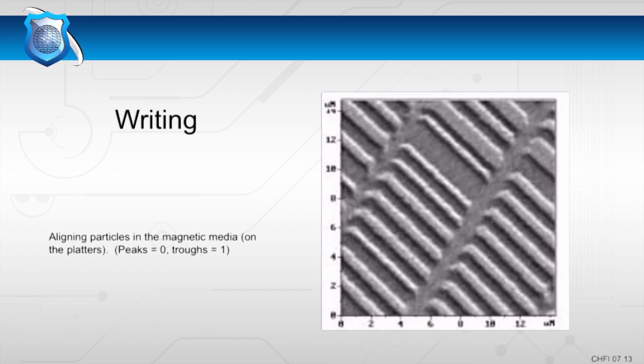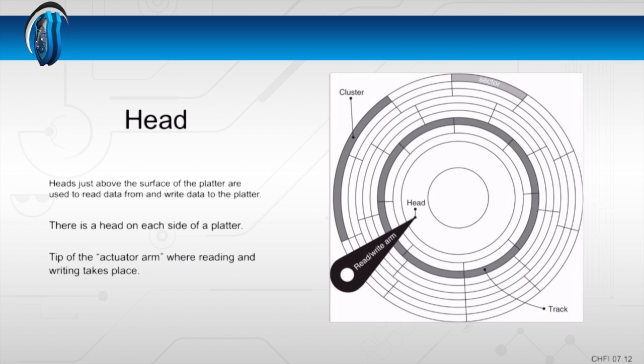If you ever crack open a hard drive and you look at the read and write head, you almost can't see the tip. It almost looks like a needle, but it's even smaller than that.